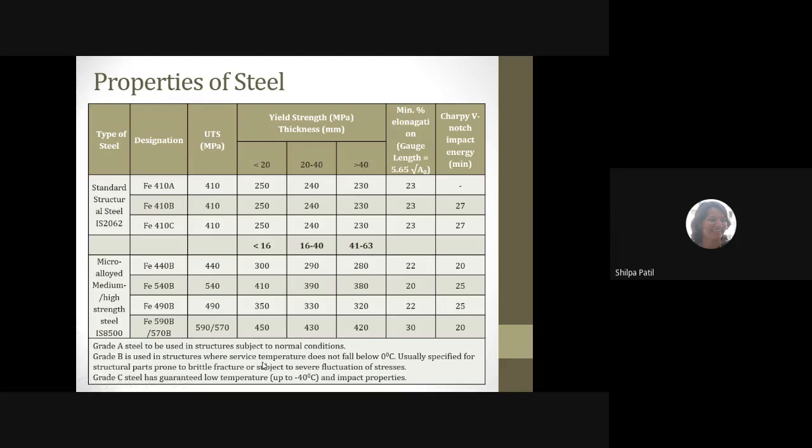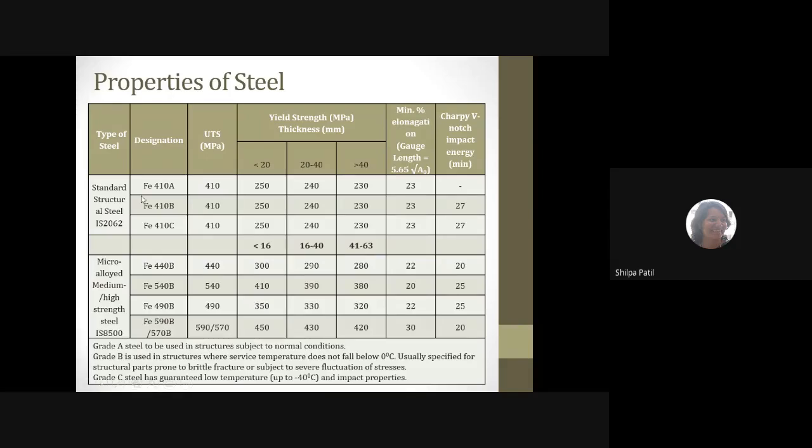Means if a structure is to be erected in a location where the temperature is always below zero, up to minus 40 degrees Celsius, or where the surrounding temperature is in negative terms, very cold region, there we can use the grade C. So depending upon the environmental conditions, the properties of the steel materials are varied, and according to the environmental condition we have to use the appropriate grade.